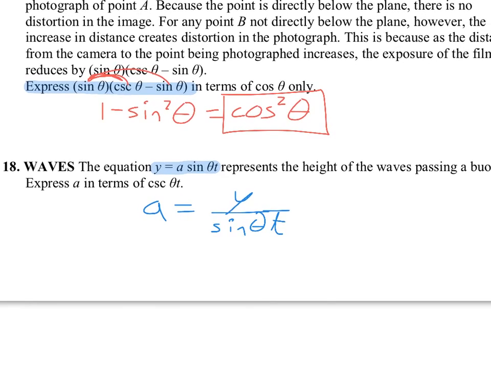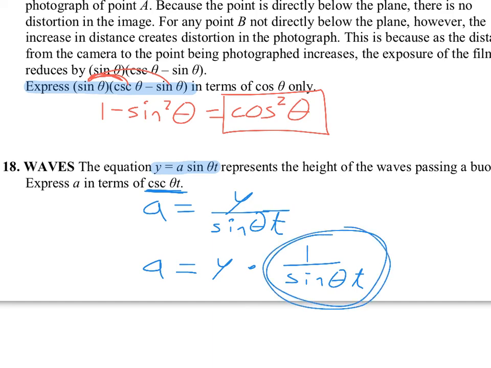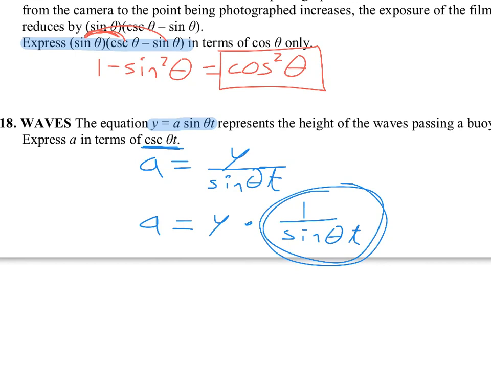But the directions say we want the answer in terms of cosecant theta t. So right now we have 1 times 1 over sine theta t. This equals cosecant theta t, and that's our last step.